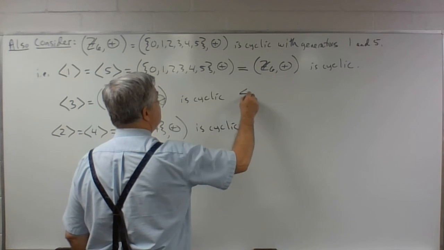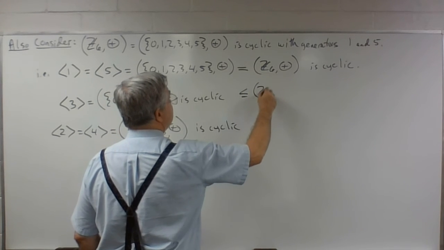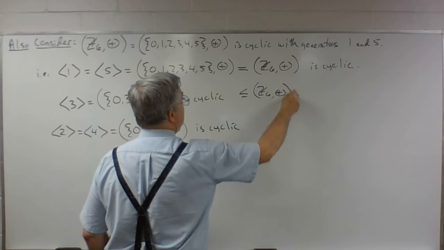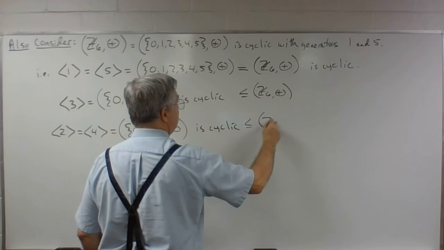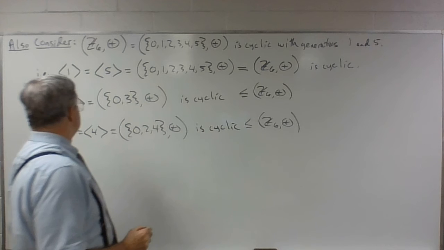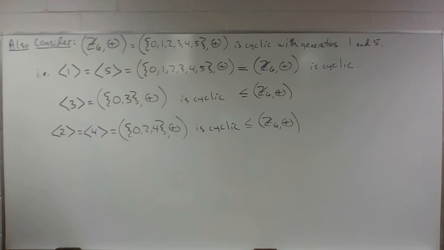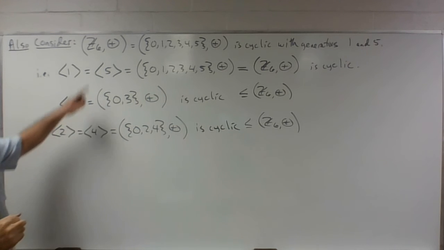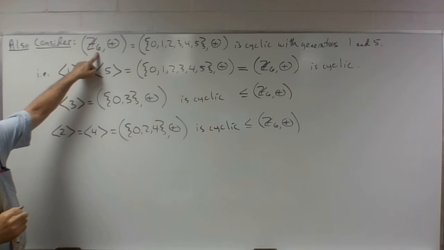And I should note subsets of Z6, which is cyclic. Okay. The parent group, Z6, is cyclic.